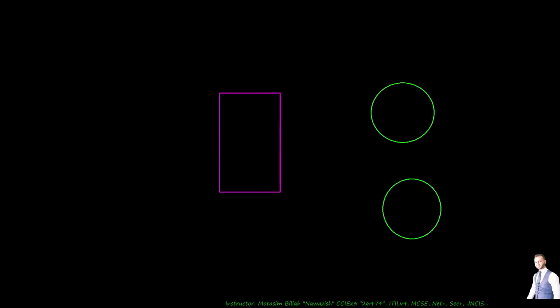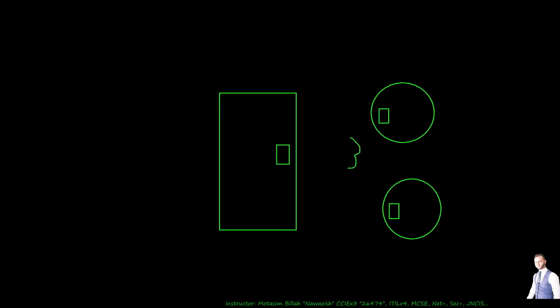Let me draw the topology here. I have site 1 and site 2, and I have my central site here, and I have Checkpoint gateways here that are directly connected to the public network.